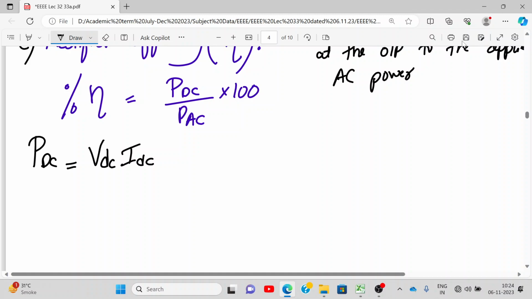Multiply the two and you get DC power. We can have the formulas for this: V into I, V square by R, or I square R.